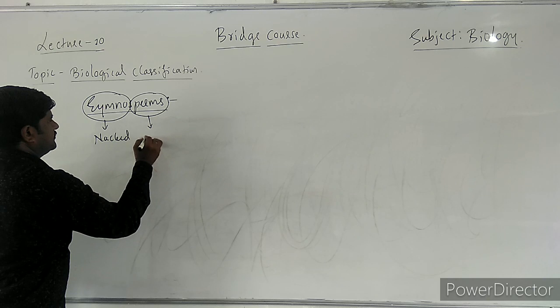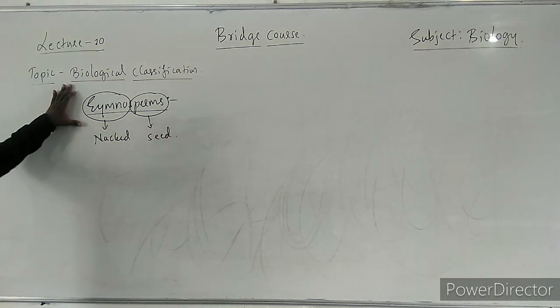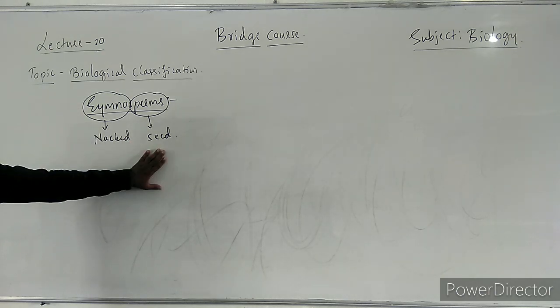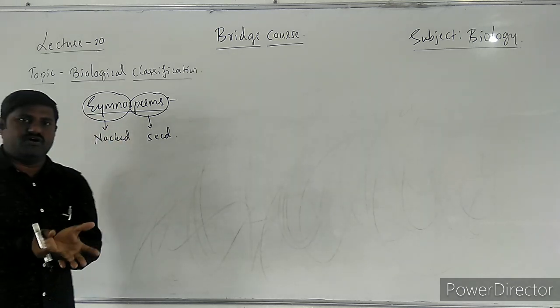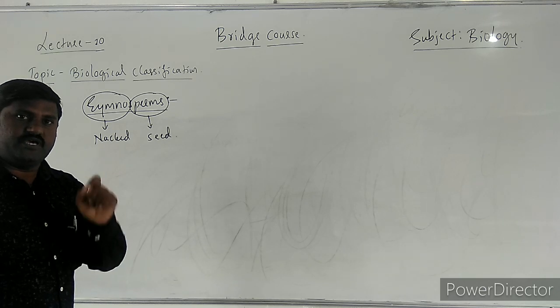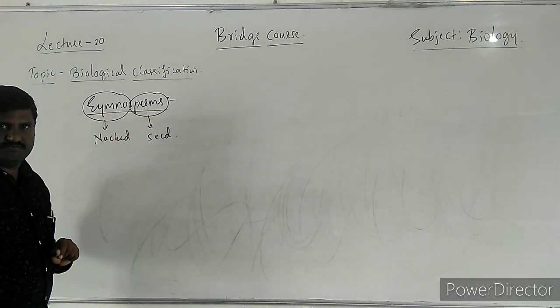Sperma means seed. These are the group of plants which produce naked seeds, meaning seeds are not enclosed within a fruit wall, and such kinds of seed bearing plants are known as gymnosperms.